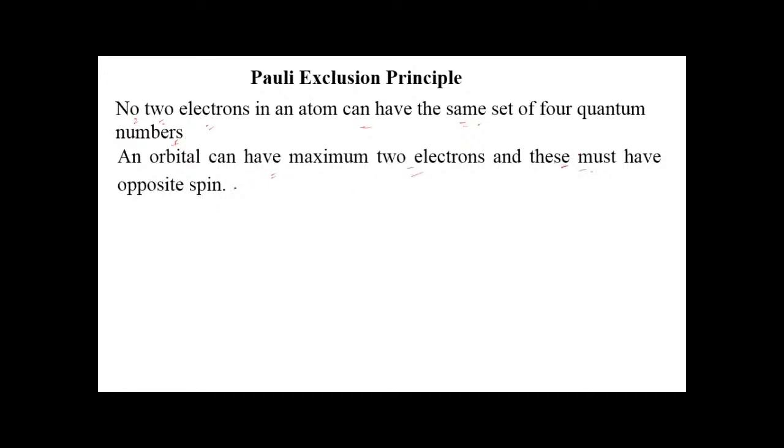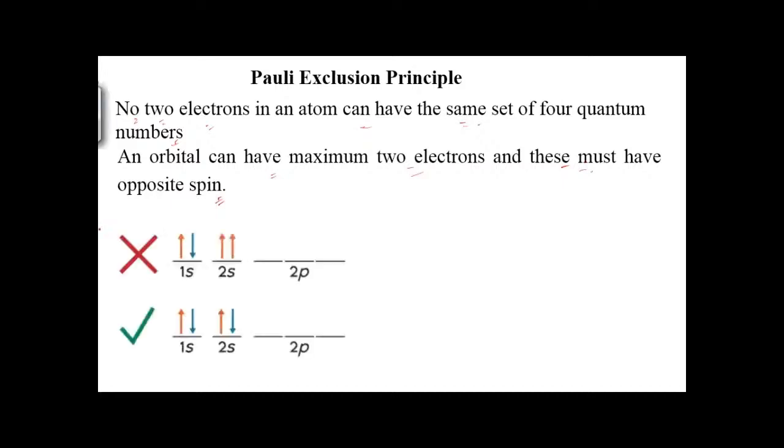Here, in the case of 1s there are 2 electrons with opposite spin, but in the case of 2s there are 2 electrons with the same spin. It will not follow the Pauli exclusion principle, so this is not allowed.